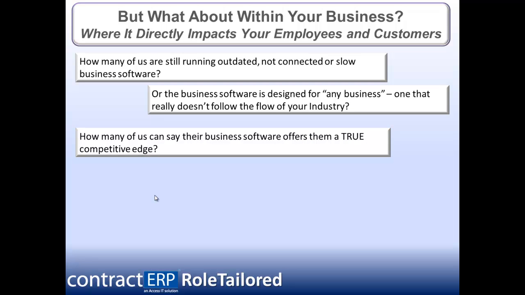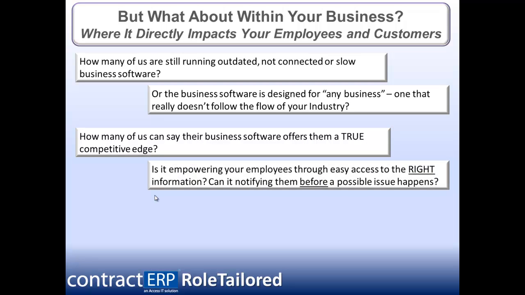How many of us can say that their business software offers them a true competitive edge, where your software actually is empowering your employees through ease of access to the right information? How about notification? Can your system actually drive decision-making in situations that might actually need to be resolved ahead of time before they actually happen?